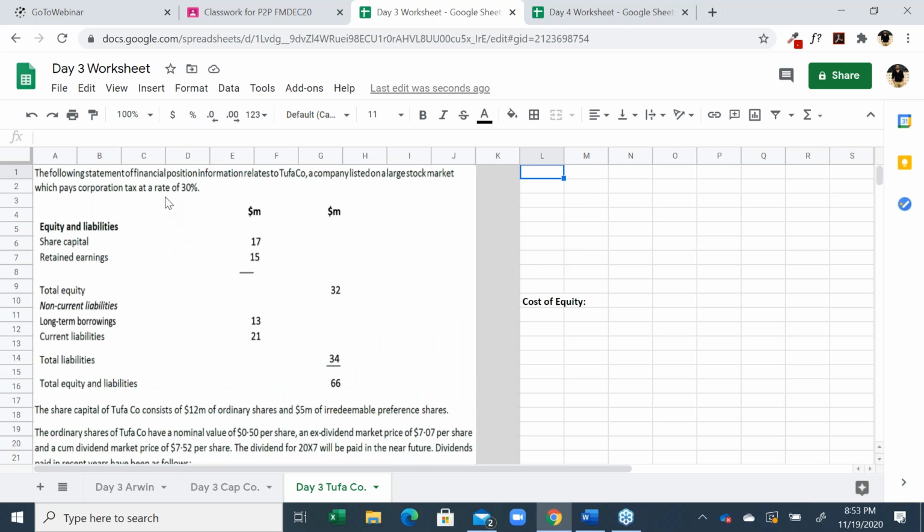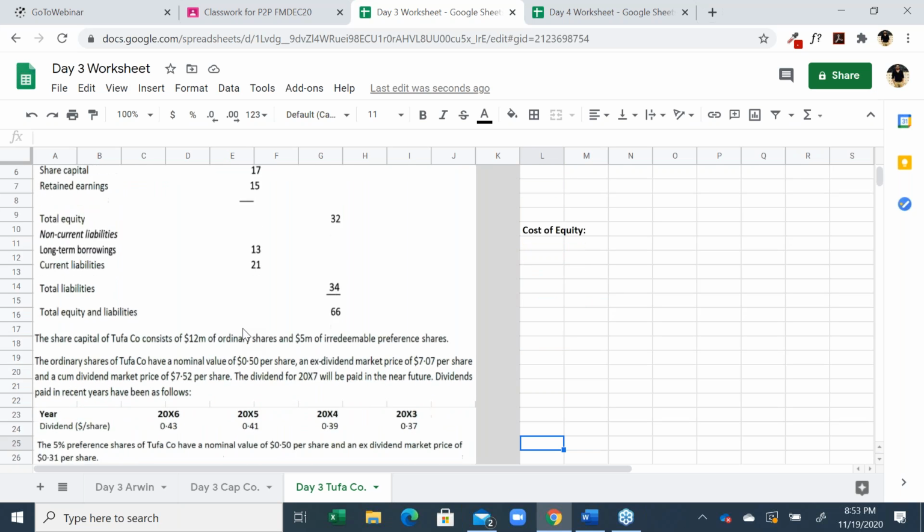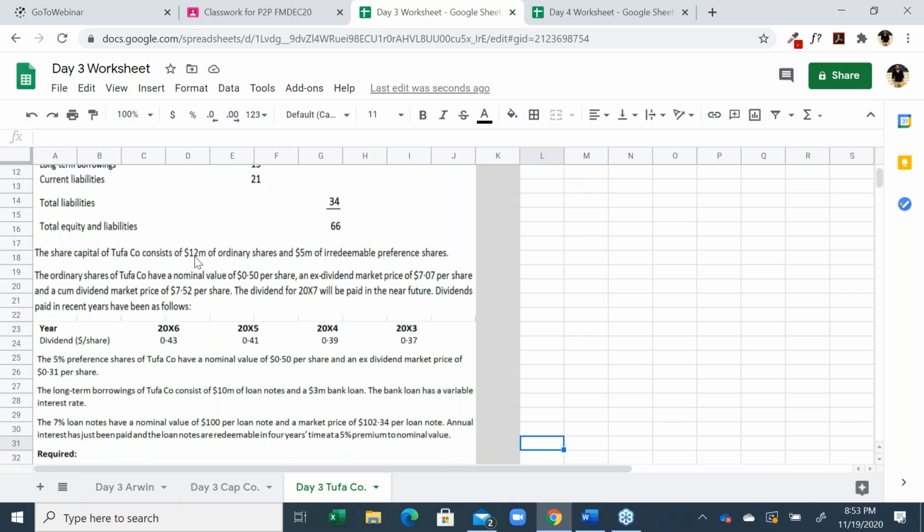The following statement of financial position information relates to a company listed on a large stock market which pays corporation tax at 30%. We have a balance sheet of the company, and then it says the share capital of Tufa company consists of 12 million ordinary shares and 5 million irredeemable preference shares. The ordinary shares have a nominal value of $0.5 per share and an ex-dividend market price of 7.07 per share and a cum dividend market price of 7.52 per share.